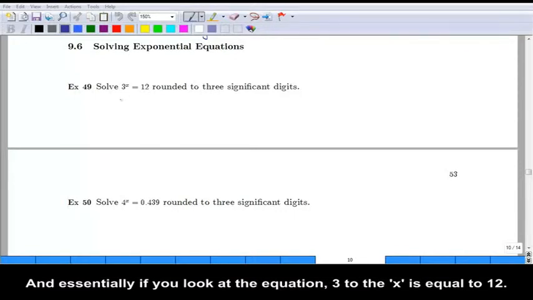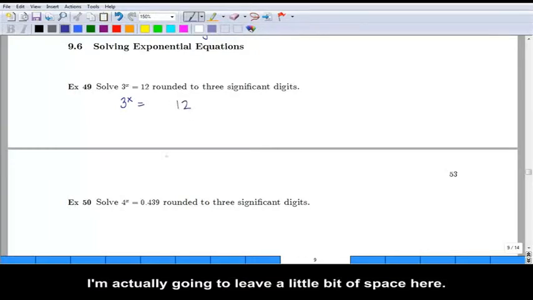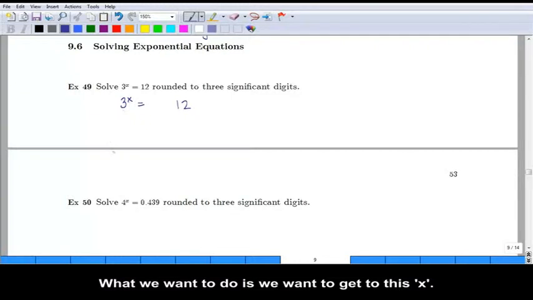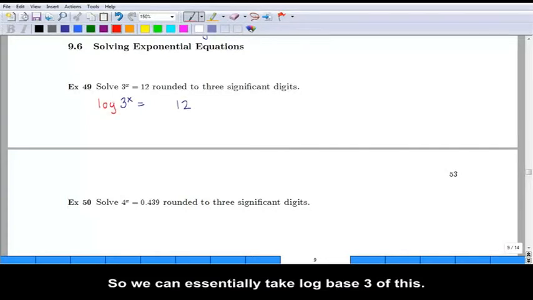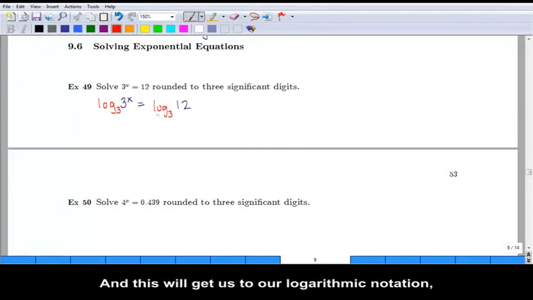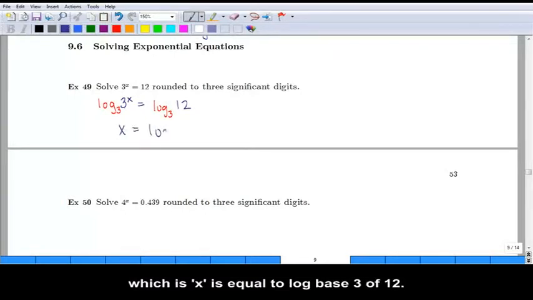Essentially, if you look at the equation, 3 to the x is equal to 12, what we want to do is get to this x, and remember that the log function is what gets us to our exponent. So we can essentially take log base 3 of this, and this will get us to our logarithmic notation, which is x is equal to log base 3 of 12.